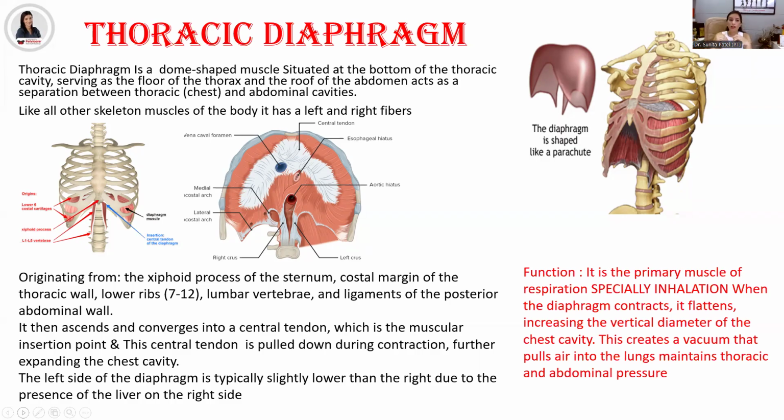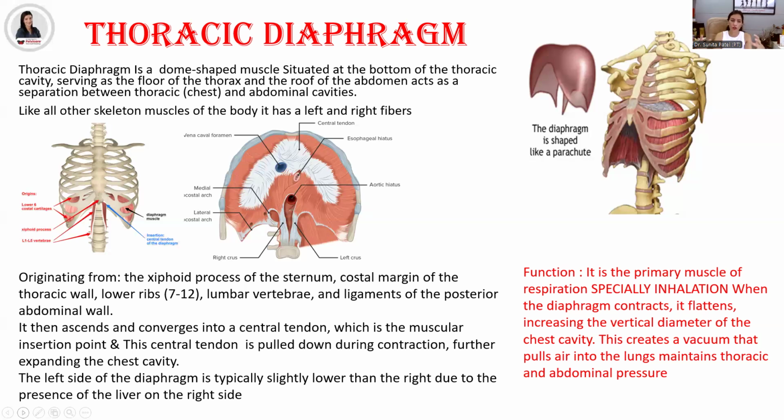And this floor is again divided, as our whole body is divided into right and left, so there is also a right and left diaphragm. The origin of one side of the diaphragm is from the xiphoid process of the sternum, the costal margin of the thoracic wall, the lower ribs, the lumbar vertebrae, and the ligaments of the posterior abdominal wall.